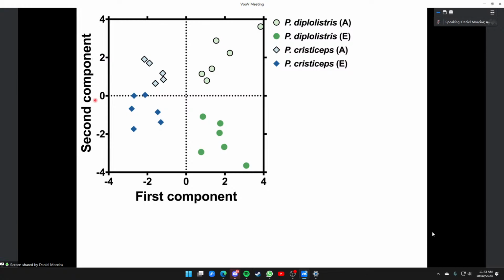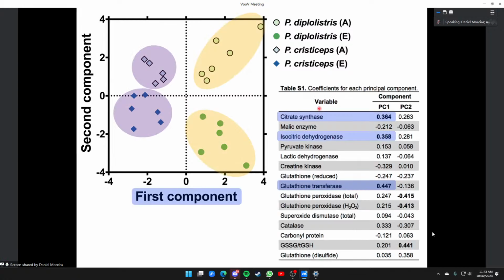And the second component clearly separated active animals on the top and estivating animals on the bottom. And when we check which biochemical variable contributed more to each of these components, we see that for the first component, which separated species, had a strong contribution of citrate synthase, isocitric dehydrogenase, and glutathione transferase.